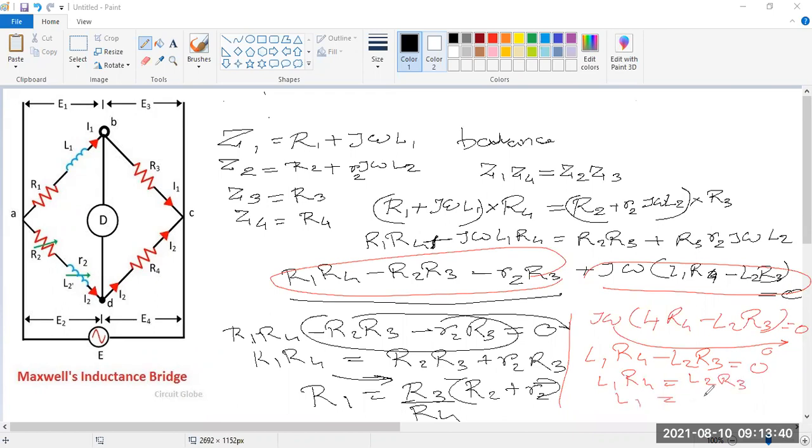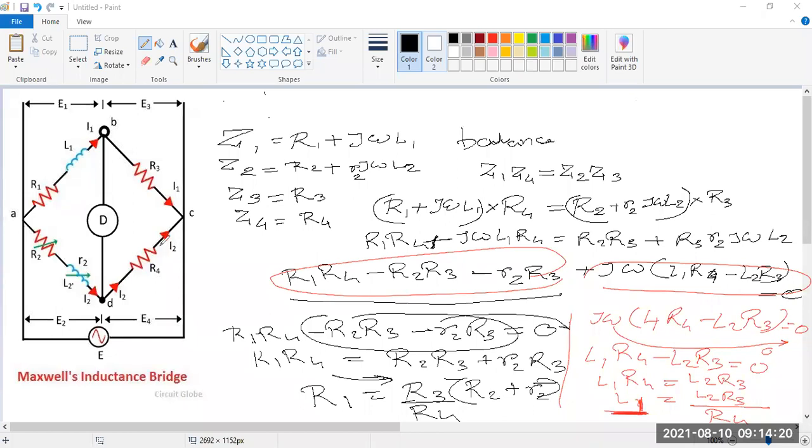So L1 equal to L2 into R3 divided by R4. So we can find the unknown inductance L1, where L2 is the known, variable inductance, and R3 by R4 are fixed resistances. Okay, so this is easily solved, and we can find the unknown inductance.